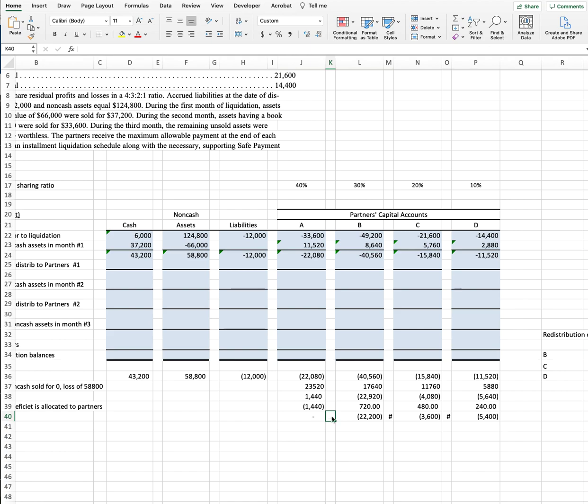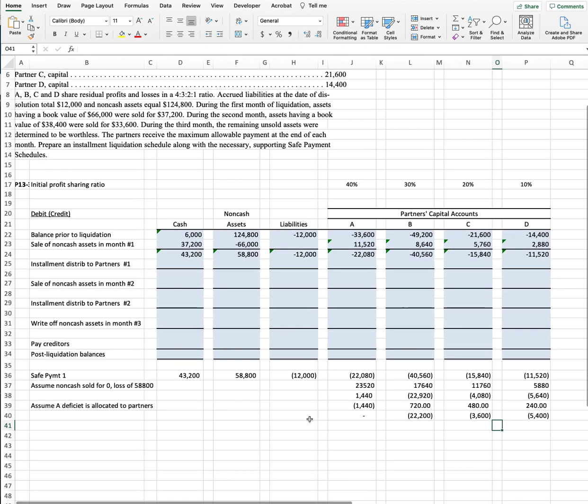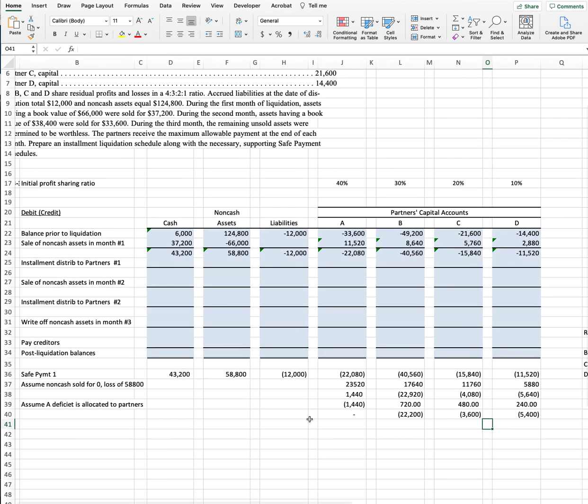Sorry, I have to get rid of these. Okay, and so by doing that, we're able to see what the safe payment would be to each of these partners. And so we can pull those up.